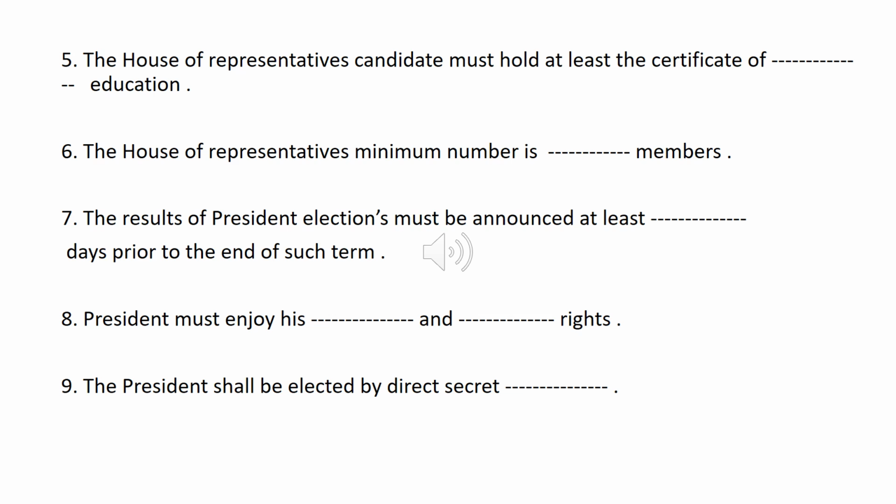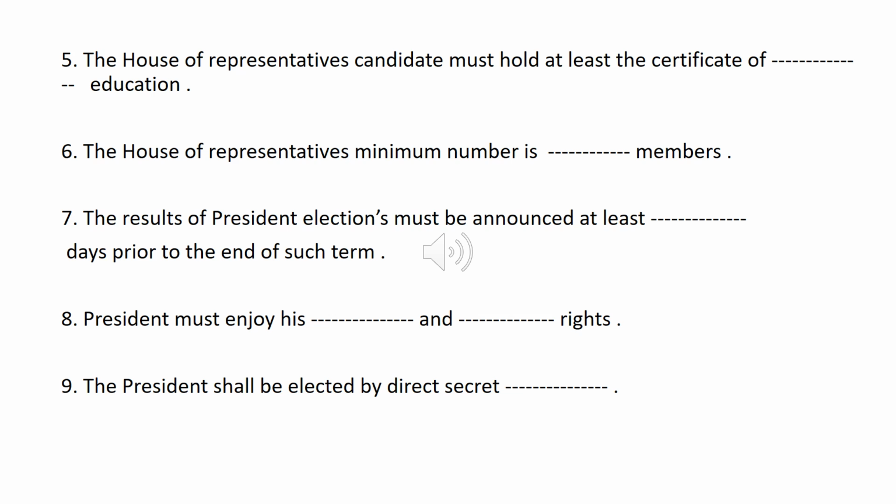Previously, before the new constitution, the only condition was that the candidate must be able to read and write, meaning he has literacy. After the amendment, he must hold a basic education certificate.